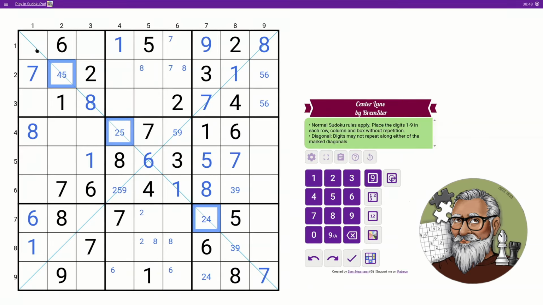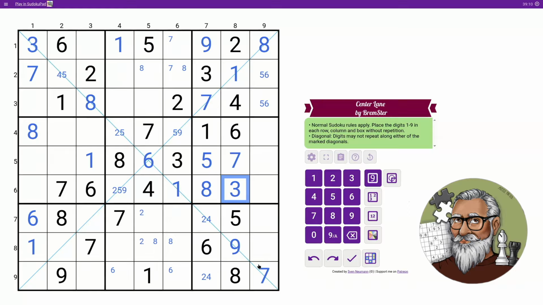You have to use the 3 digits, which means the last cell on the diagonal has to be from 3, 9 as well. 3 or 9, but we already have a 9 in row number 1, so this becomes a 3, and this becomes a 9, which means that this one is a 3 as well.